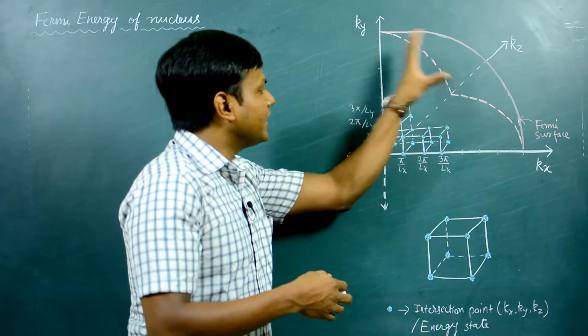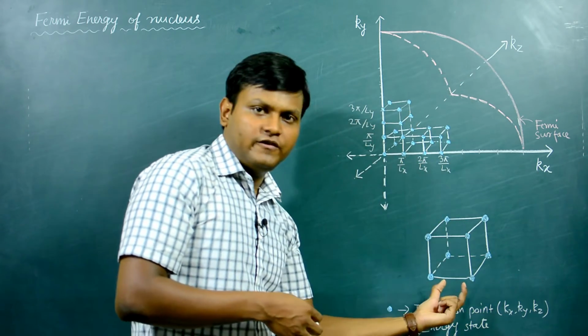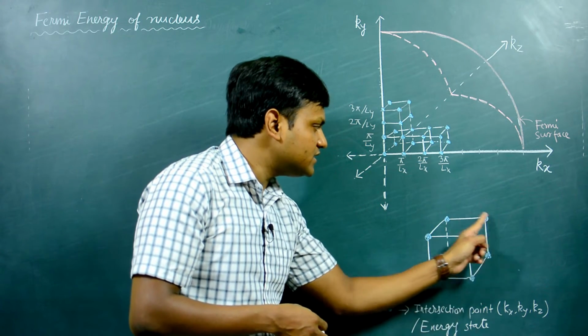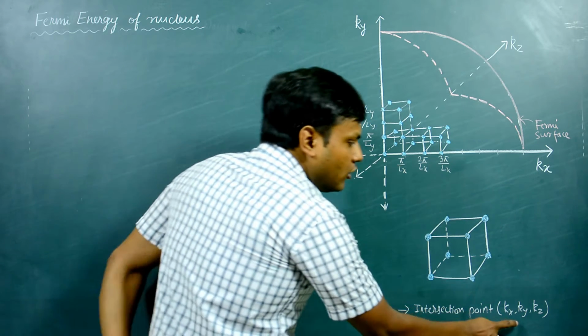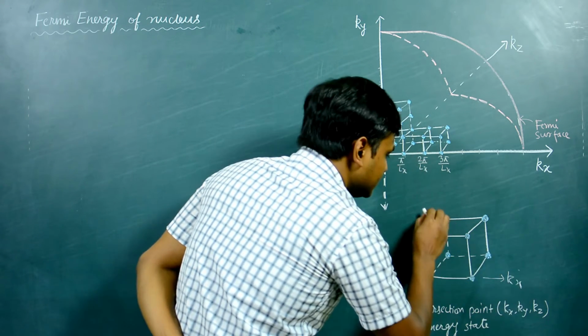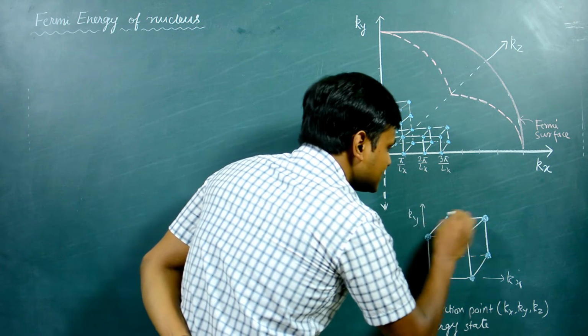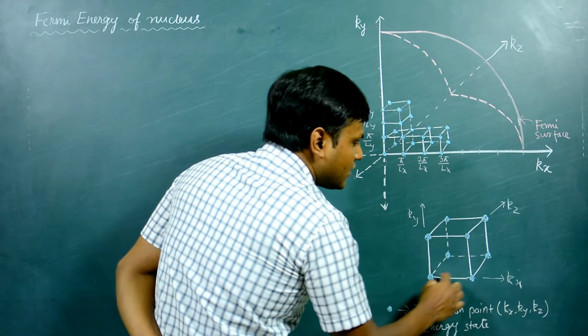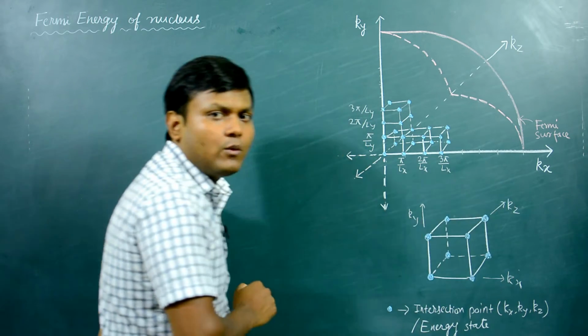So out of this grid, if I take one box out of it, you will realize that each individual endpoint or intersection point represents an allowed value of kx, ky, kz. So basically this is the kx axis, this represents the ky axis, and this represents the kz axis, and these points represent the allowed values of kx, ky and kz.